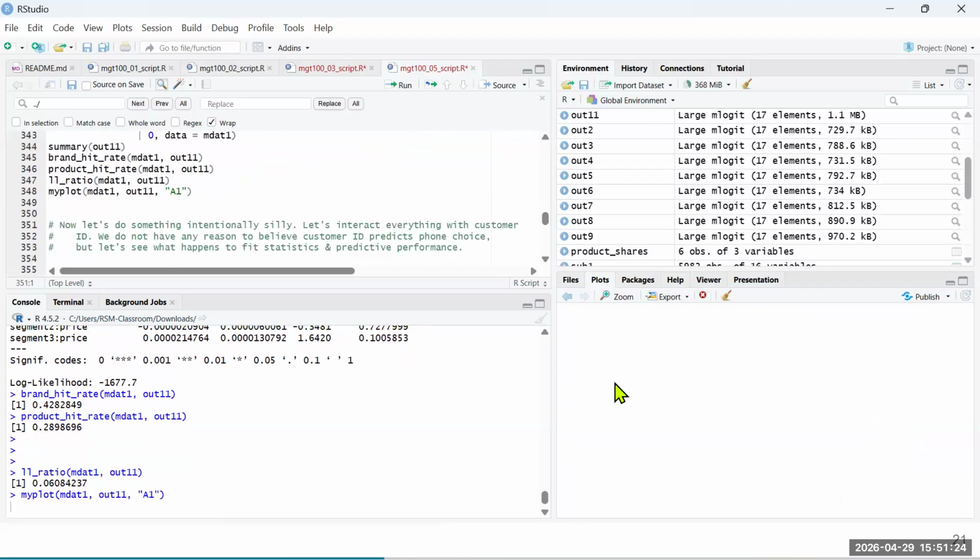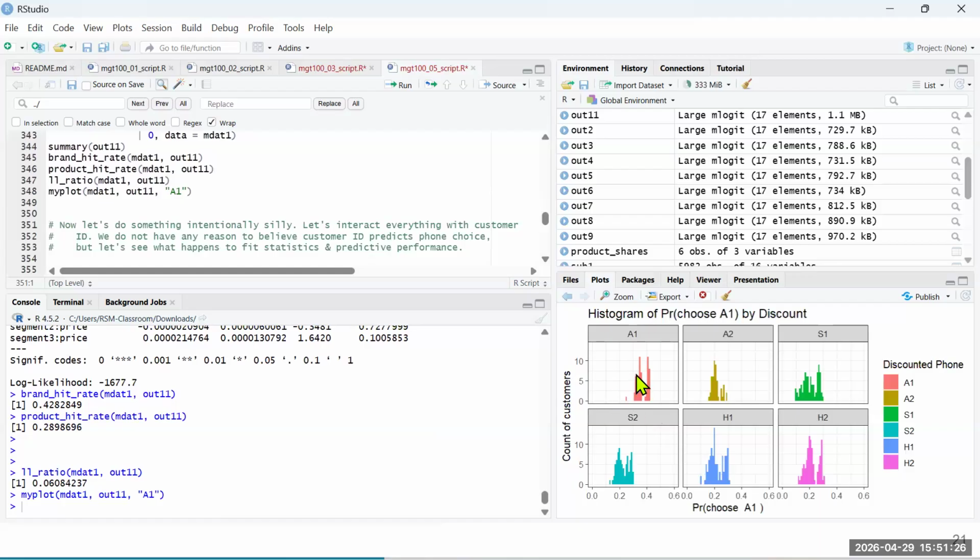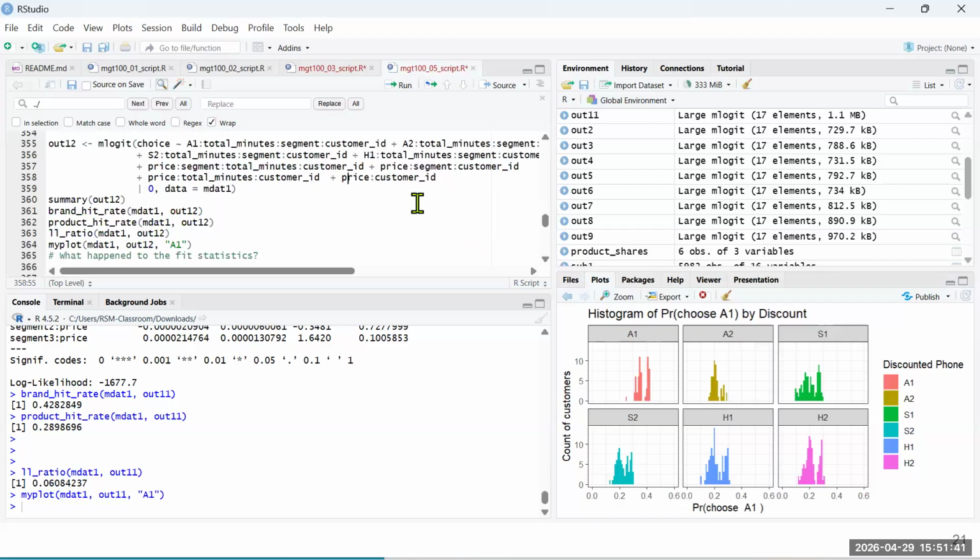Our distributions, the y-axis keeps rescaling, so it may not be super obvious, but these keep becoming more diffuse. And then in our last heterogeneous demand model, I'm going to do something intentionally that I know to be dumb. I'm going to treat each customer identifier as if it were a customer attribute.